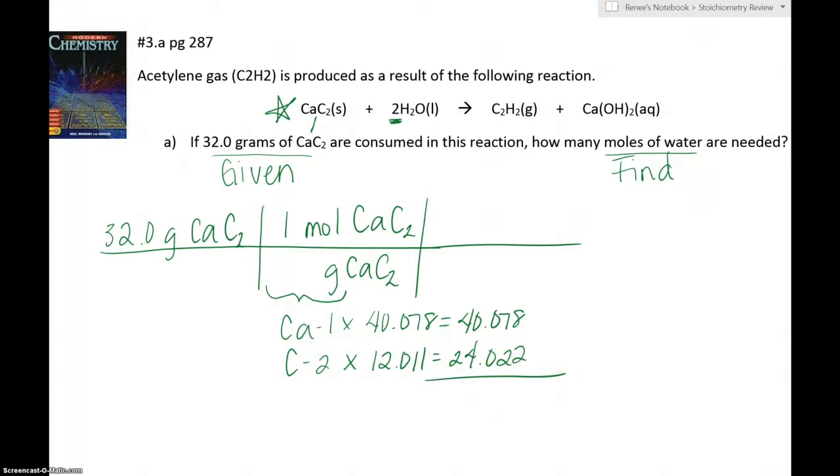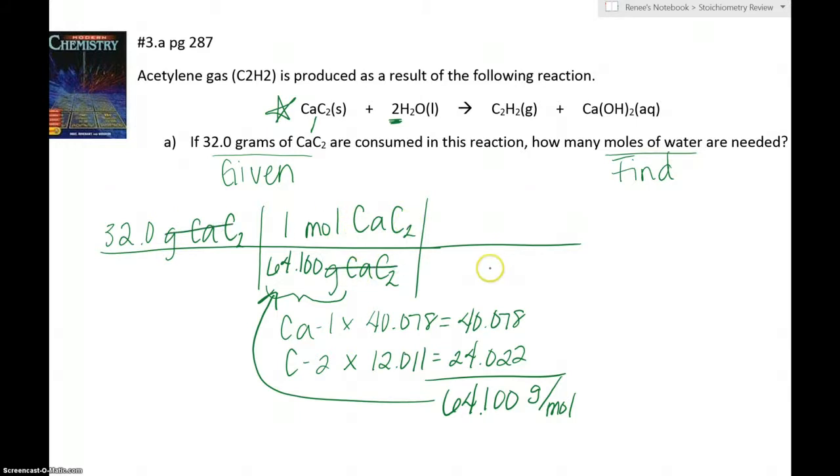When we add that up, we should get 64.100 grams for every 1 mole of CaC2. And that comes right up here. So we're going to fill that in, 64.100 grams. And that cancels out our grams of CaC2.